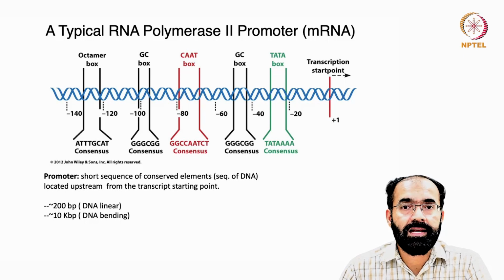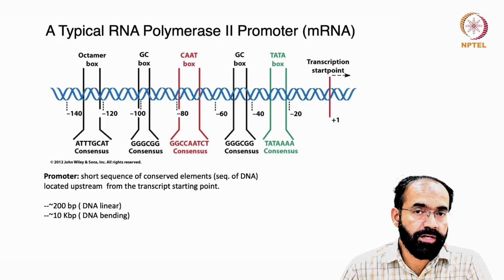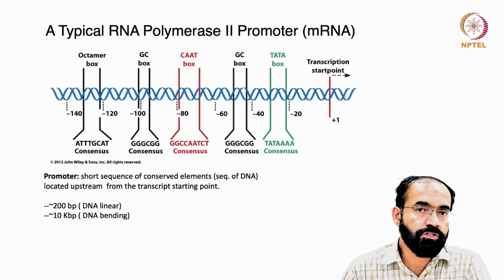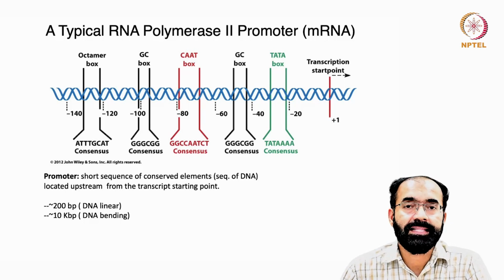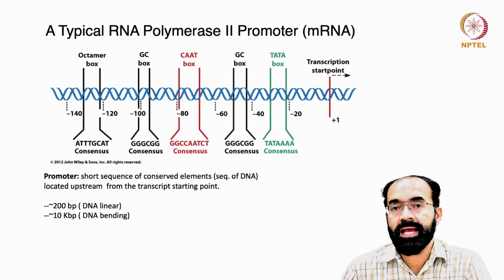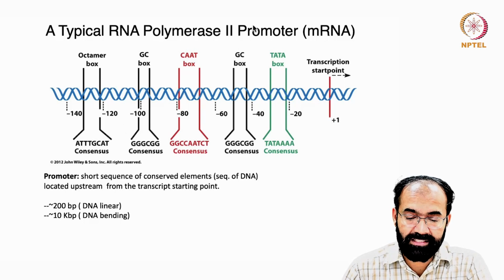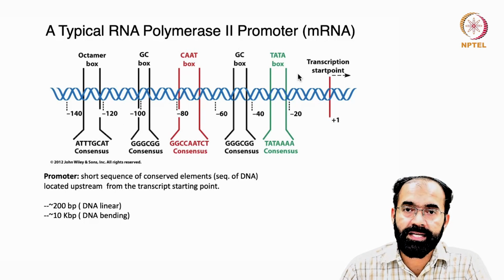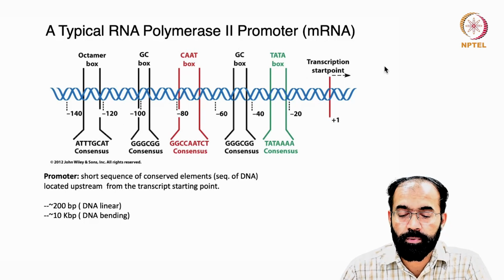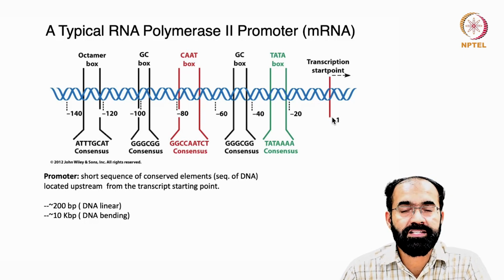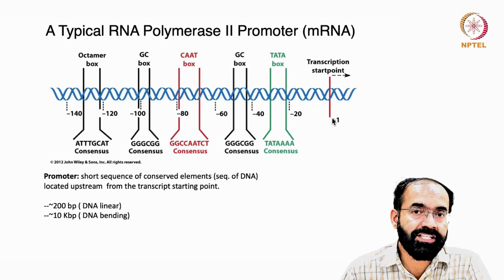So in a cell, there are groups of proteins called specific transcription factors or tissue specific transcription factors that allow where a polymerase II should bind and start its transcription. If you look into a typical RNA polymerase II promoter, you can see a +1 sequence, which is the place where the transcription initiation happens.